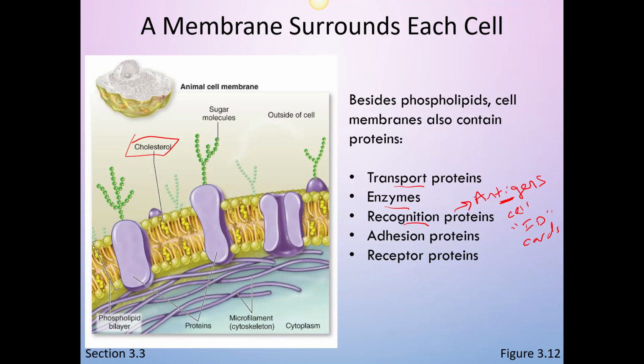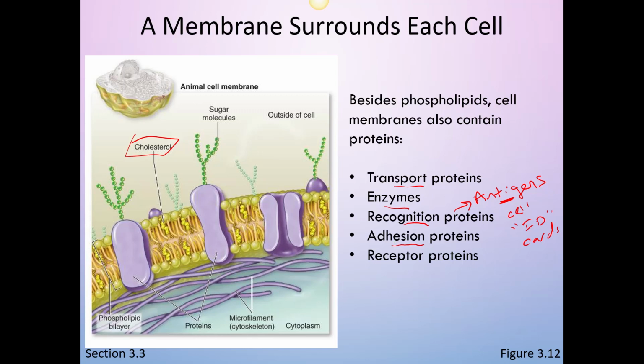But if they look abnormal, then your white blood cell knows to attack and kill this cell. So antigens, or recognition proteins, play a major role in giving that cell its identity, but also in determining what is self and what is not self, so that your immune system attacks foreign things and leaves your own cells alone.